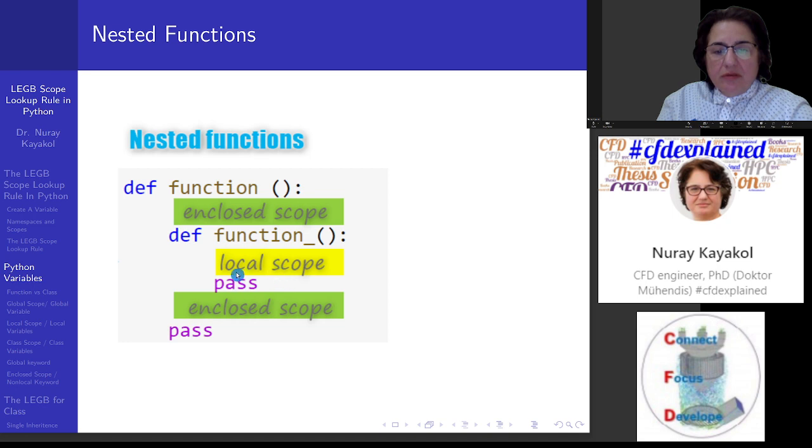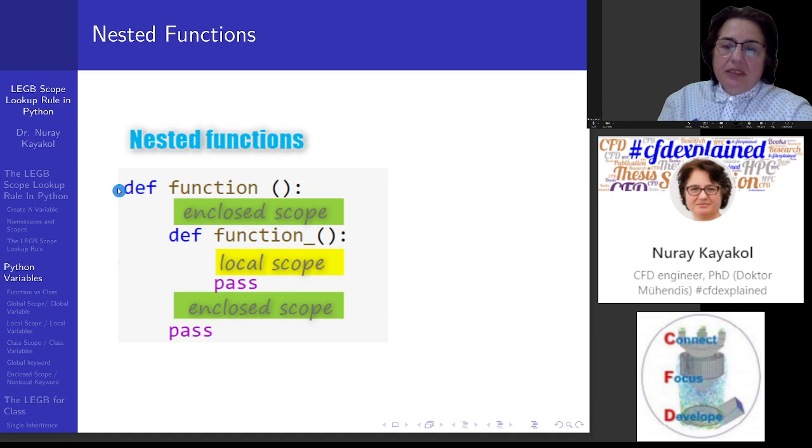Again, the local scope is shown with the yellow section, so you can define your variables here as local variables. Outside of this function will be the enclosed scope, because two functions are defined, one inside of the other one.